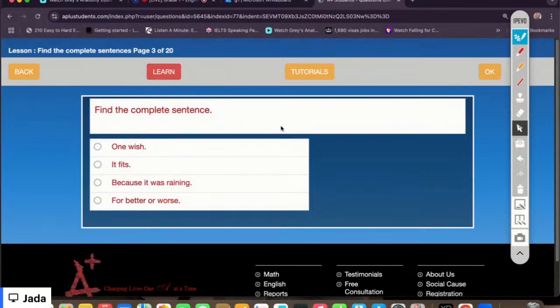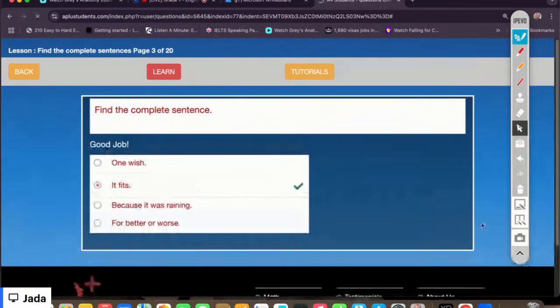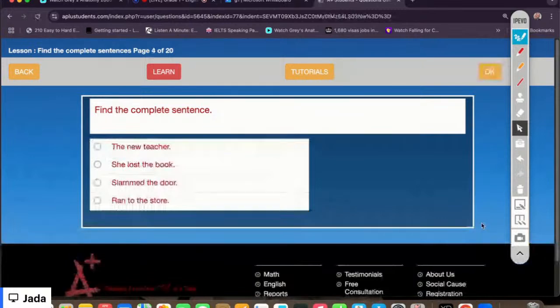So we have what? "It fits" is the complete sentence. So what's the complete sentence? New teacher. She lost the book. Slammed the door. Ran to the store.